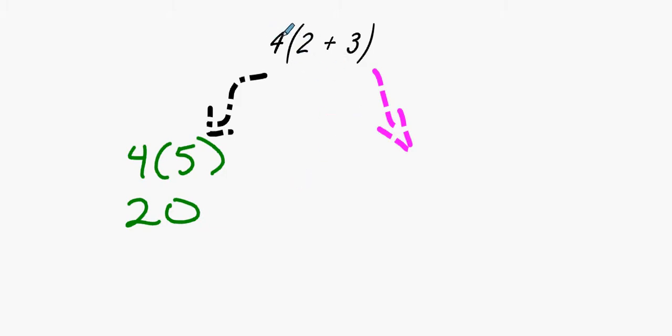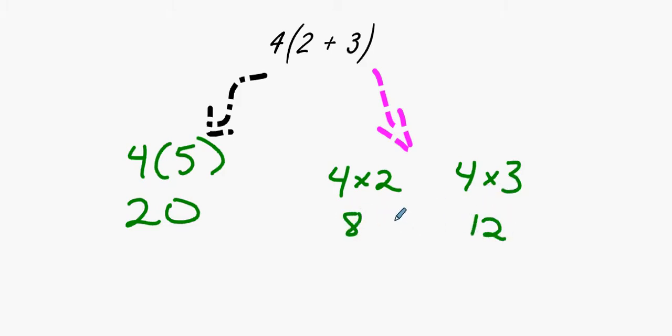Well, we could also take 4 times 2 and 4 times positive 3, which this is 8, this is 12, add those together, and that's 20. So we solved the same amounts by distributing 4 times 2 and 4 times 3, adding those products together, finding the sum of the products.